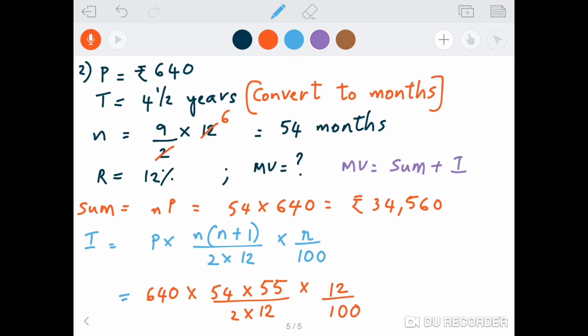R is 12, so that becomes 12 by 100. Let's see if we can cancel something out. We can cancel a 12 out. We can cancel a 0 out. We can also cancel 64 by 2, which gives me 32. Now I would suggest that you leave the denominator as it is, because you have a 10. It just becomes easy for me to solve it. So this turns out to be rupees 9,504, and this is my total interest.